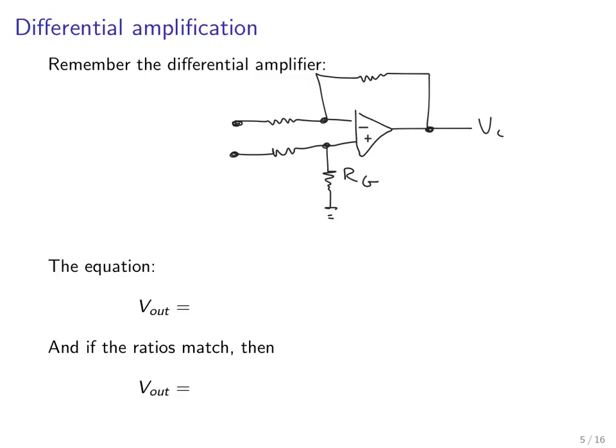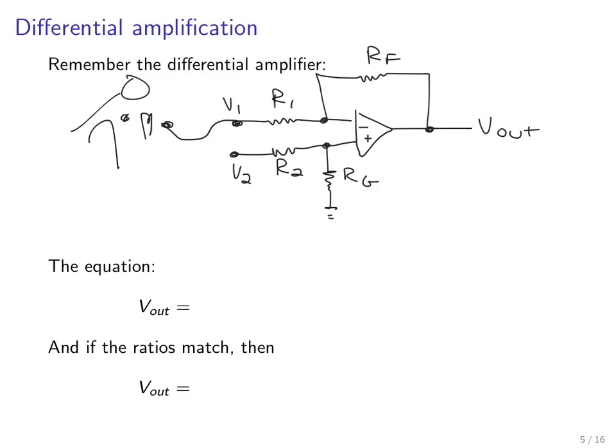Then we have V out. We'll call the feedback resistor R sub F, the top input resistor R1, and the bottom input resistor R2. To these we connect the voltages V1 and V2, which are respectively connected to the electrodes on the patient.